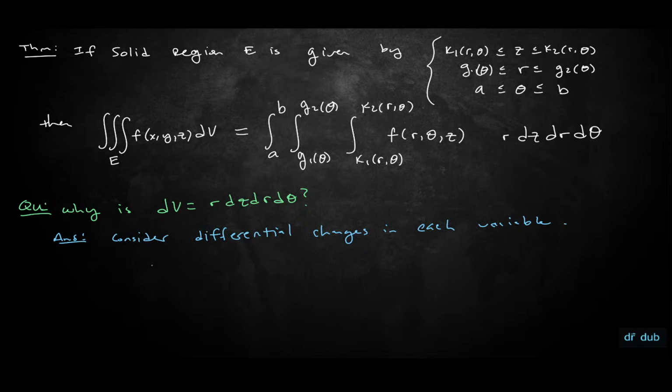And we get a nice little differential volume that looks something like this. And this little delta R, this little delta Z, this little angle here, delta theta.